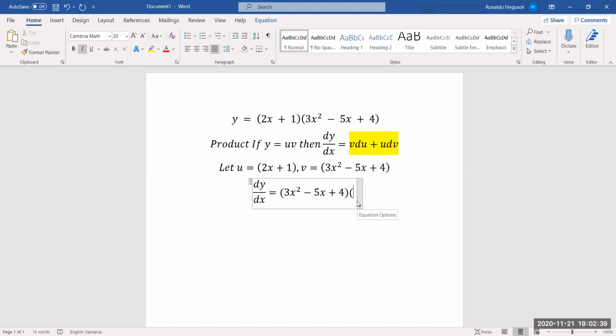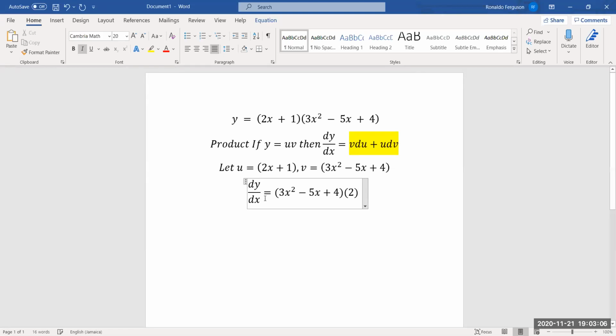2x plus 1. All right, now 2x plus 1 is u. What is du? Du means you differentiate u. When you differentiate u, what would you get? When you differentiate 2x plus 1, it's just 2.